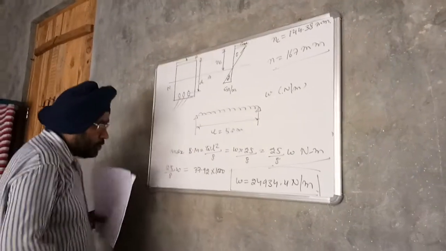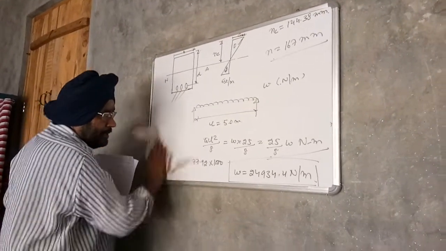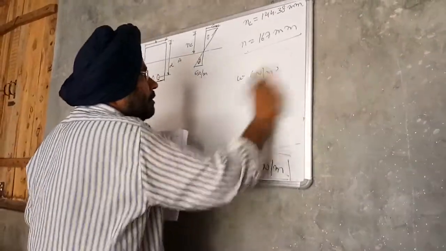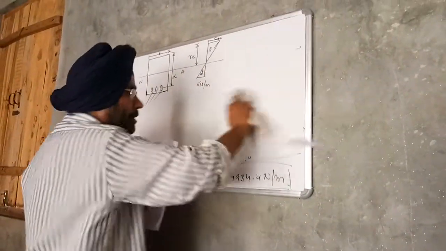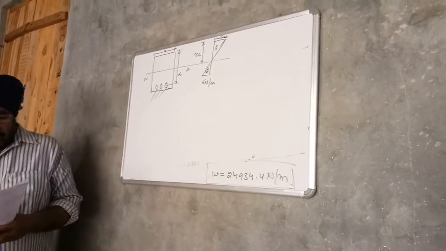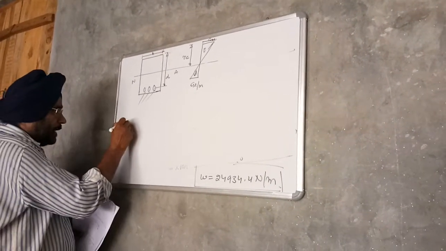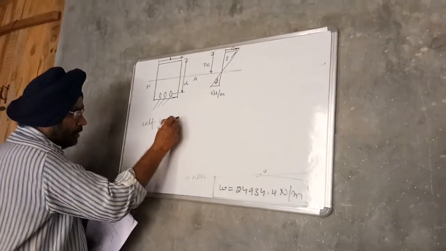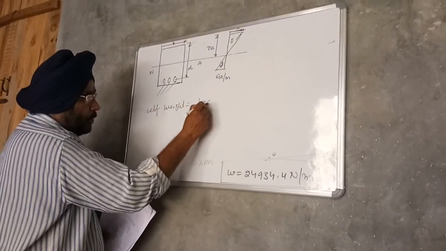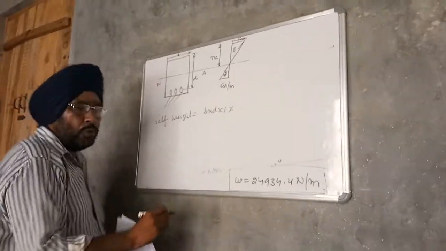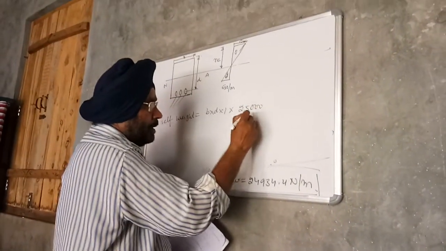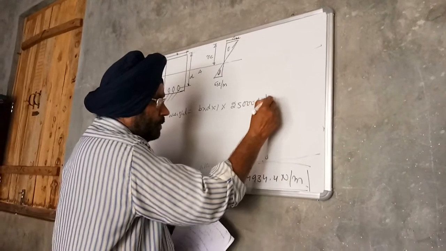If we have to calculate the superimposed load, then first the self weight of the beam section. Self weight of the beam section is b into d into 1 into unit weight of RCC, that is 25,000 Newton per cubic meter.